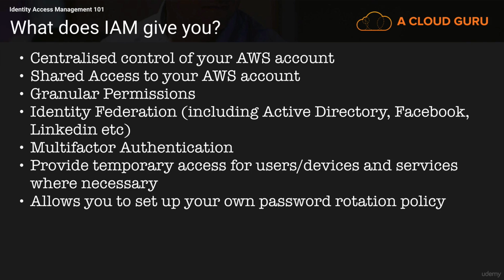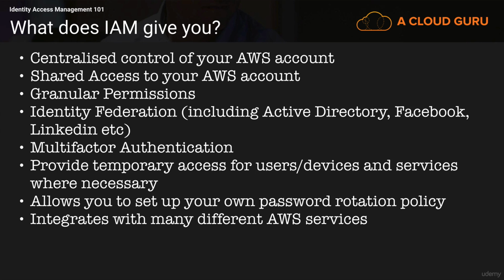It also allows you to set up a password rotation policy. So how often do users have to rotate their password? Every month, every 3 months, and then you can also have password policies, so that it has to have uppercase letters, lowercase letters, etc. And then it integrates with many different AWS services. So when we build out different Lambda functions, we have to give Lambda the ability to talk to DynamoDB, for example.